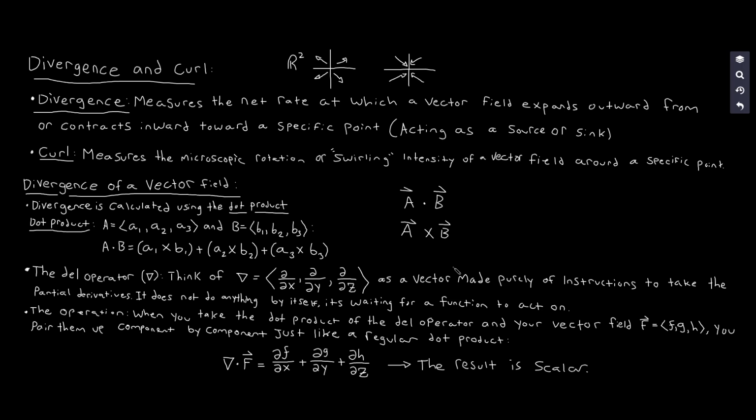In the third dimension, it changes. And when you get into three space, the dot and the x mean different things. The dot is the dot product, and the x is the cross product, and we will get into that in just a minute here.